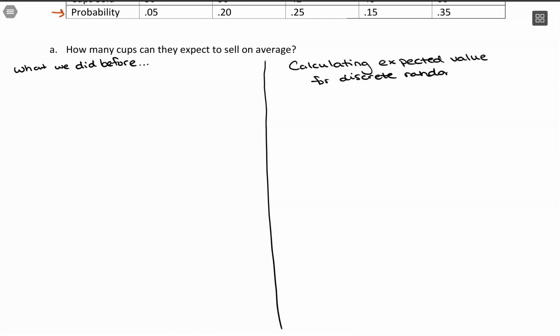So what we did before will look a little bit strange, but I want to show you the background of it and a breakdown of how we move from how we used to take averages to how we're going to take averages in this section.